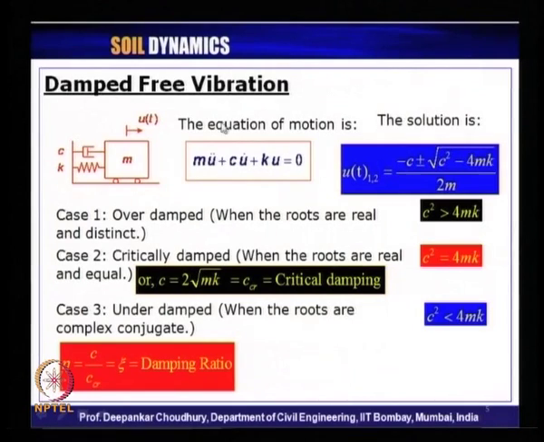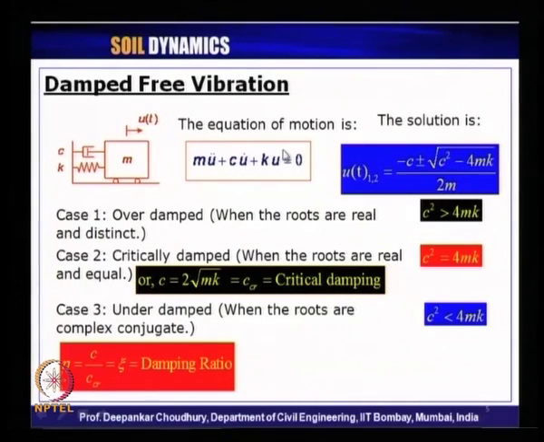The spring is present, mass is present, and the single degree of freedom is nothing but the displacement u of t, but still we are considering the case of free vibration. That is why there is no externally applied dynamic load. So, f of t or p of t, whatever you say, that is 0.